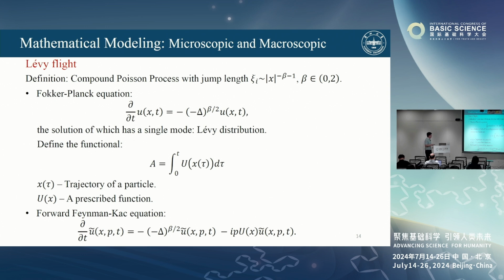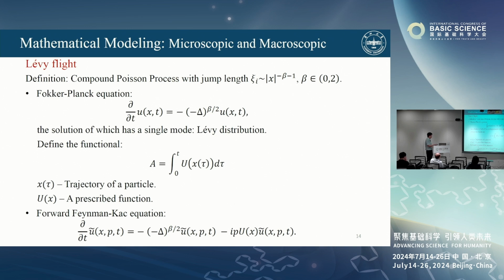Also, if we talk about the functional, we define the function. This integration of U is a specified prescribed function, and x_t is a stochastic process. If we consider this function, the distribution of A, then we can derive the forward Feynman-Kac equation.